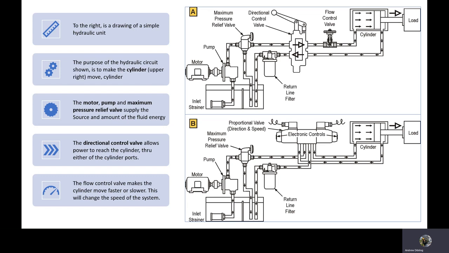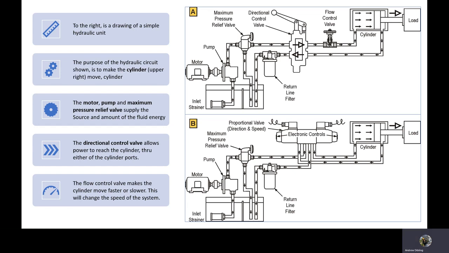It's very important that this maximum pressure relief valve exists and that it is set up so that it doesn't trigger too often. As you can imagine, if the pump is pumping fluid out of the reservoir and then dumping it right down through the pressure relief valve, there is really no work being done by the system, and all of the energy being consumed by the motor is basically wasted as heat.